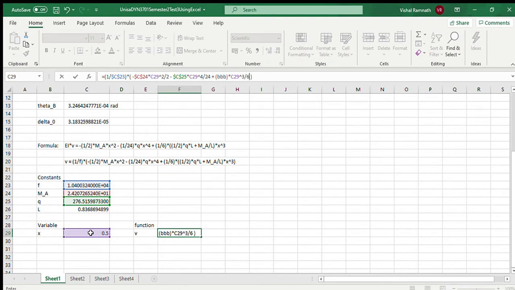And now for the stuff inside the brackets, that would be a half QL, so it would be Q times L over 2.